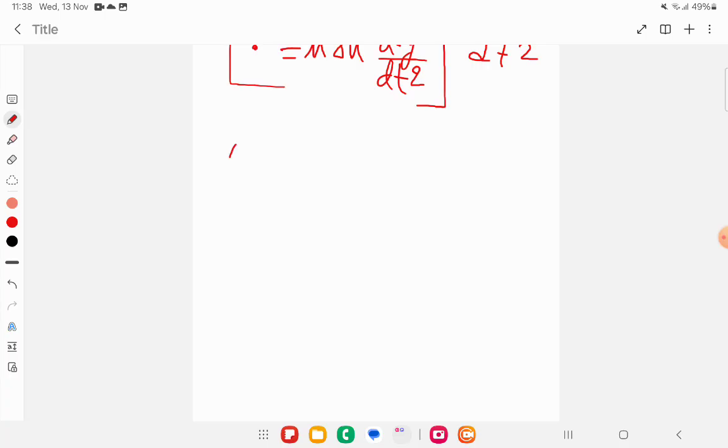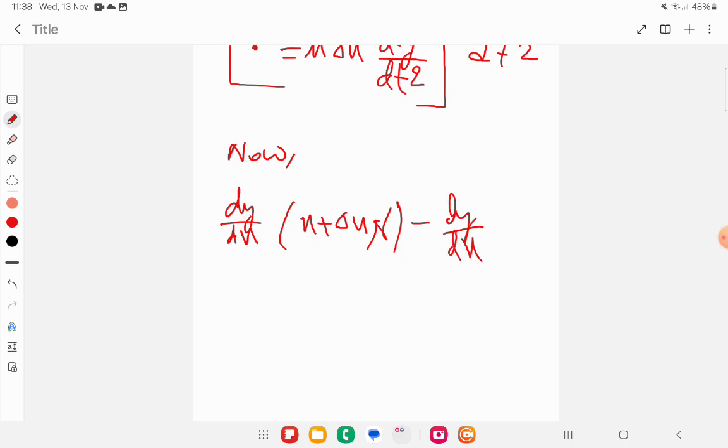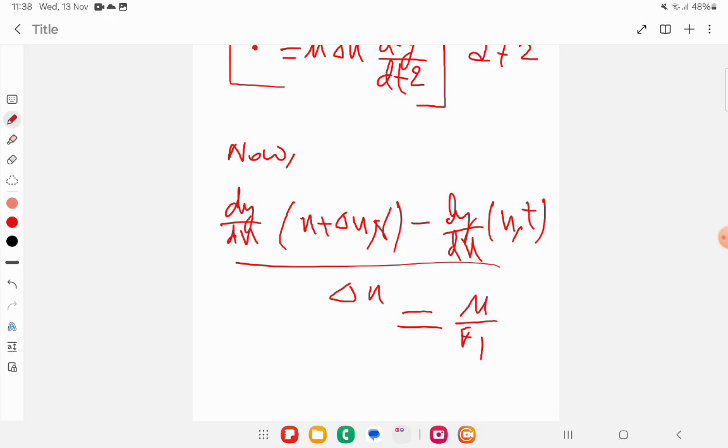Now (dy by dx at x plus del x, minus dy by dx at x, t) by del x is equal to mu by Ft d2y by dt square.